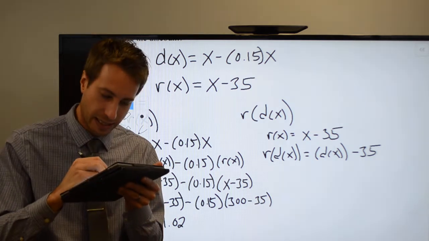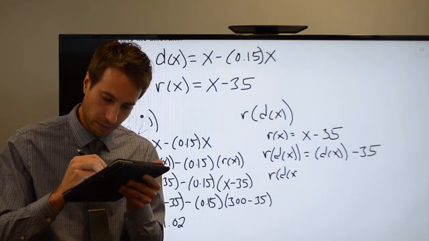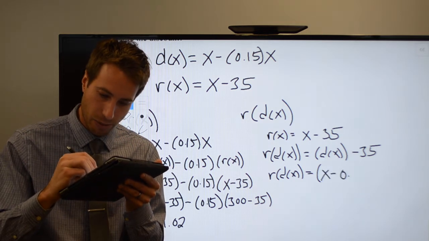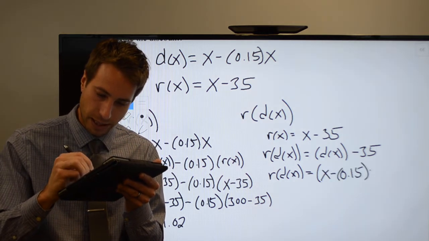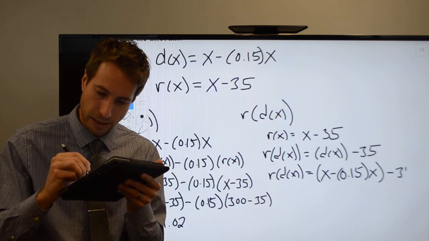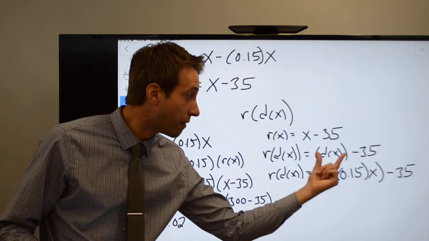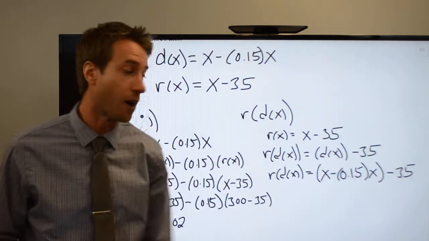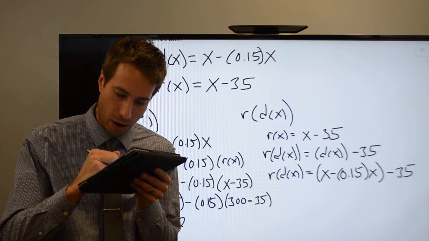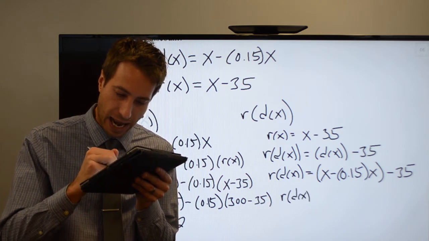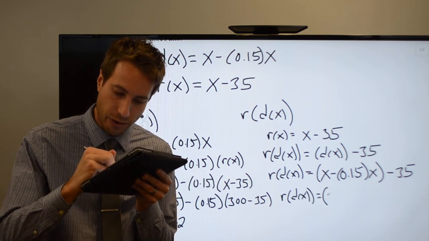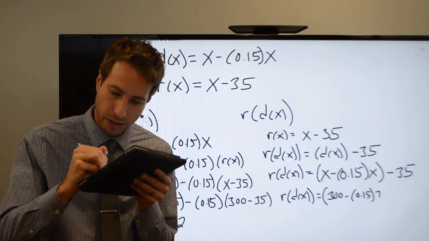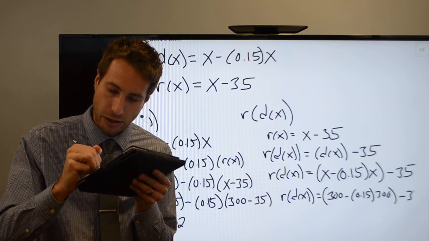Plug in what d of x is: x minus 0.15 times x, minus the 35. That's my d of x, and then I have the negative 35, the rebate, off of that. Well, r of d of x, I know my price is 300, so 300 minus 0.15 times 300, minus 35.